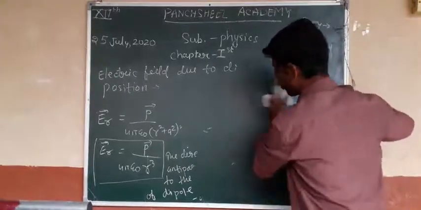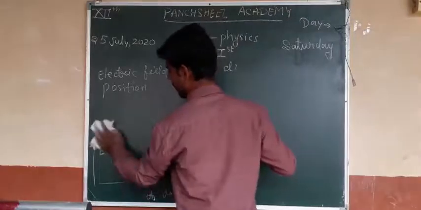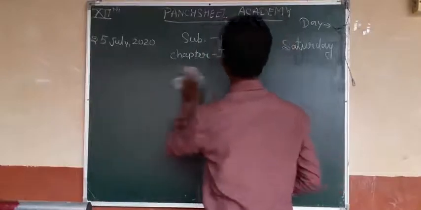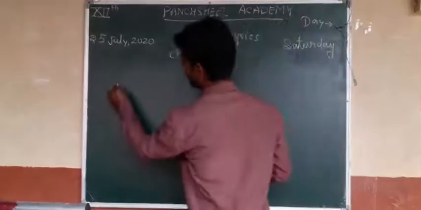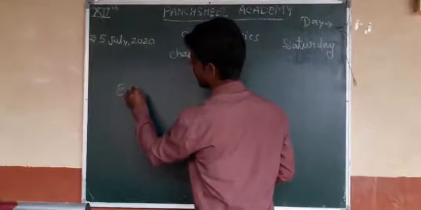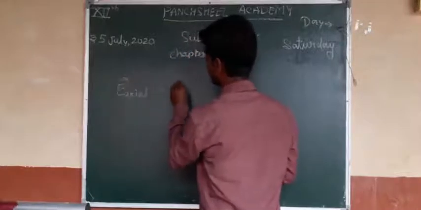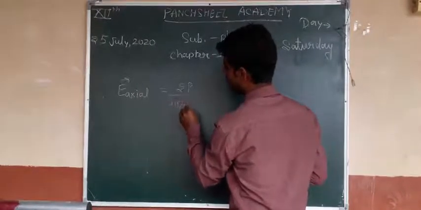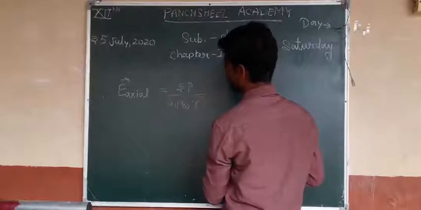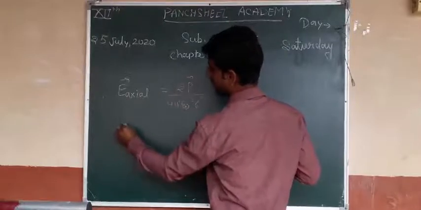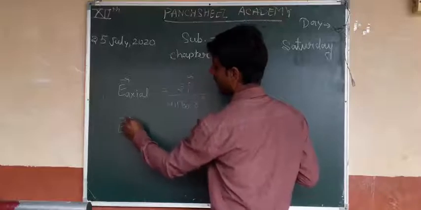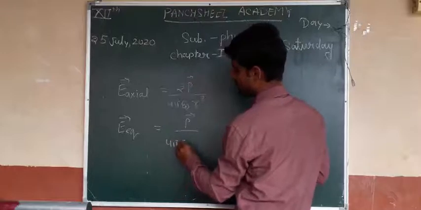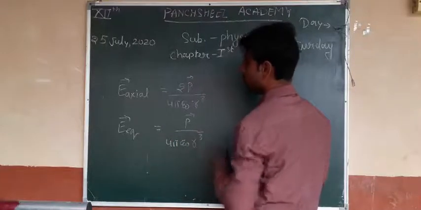From both derivations, we have two formulas. The electric field due to a dipole at axial position is 2p upon 4 pi epsilon naught r cube, and at equatorial position it is p vector upon 4 pi epsilon naught r cube.